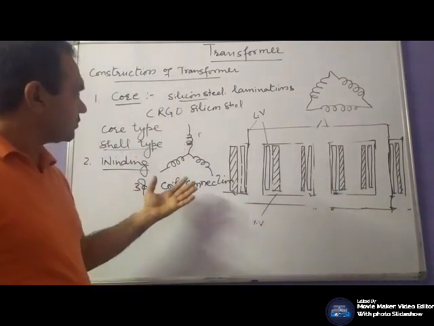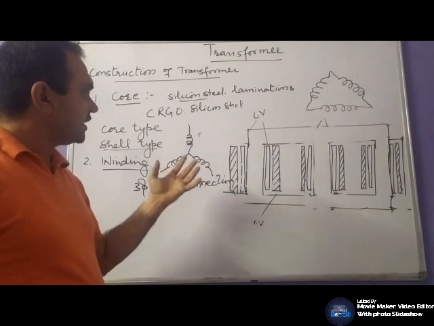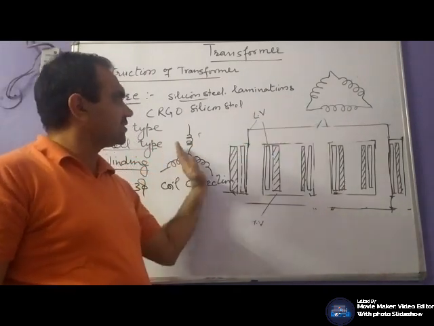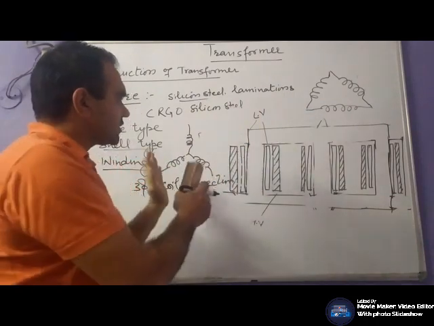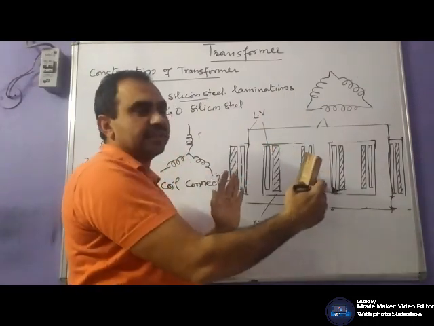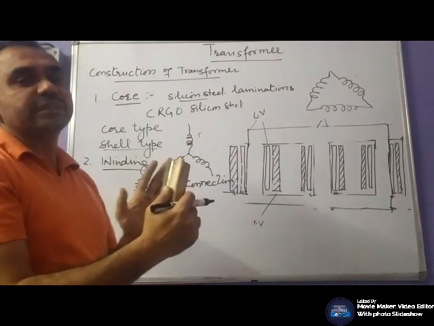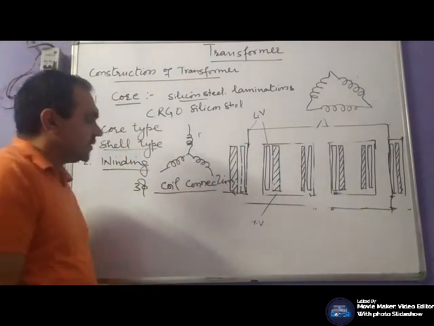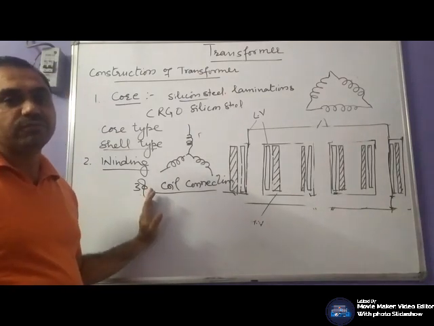In the case of three phase connections, they are not connected directly as star-star or delta-delta. They are connected in star or delta, but these connections may have a certain phase displacement. According to their phase displacement, they are broadly classified into four groups.